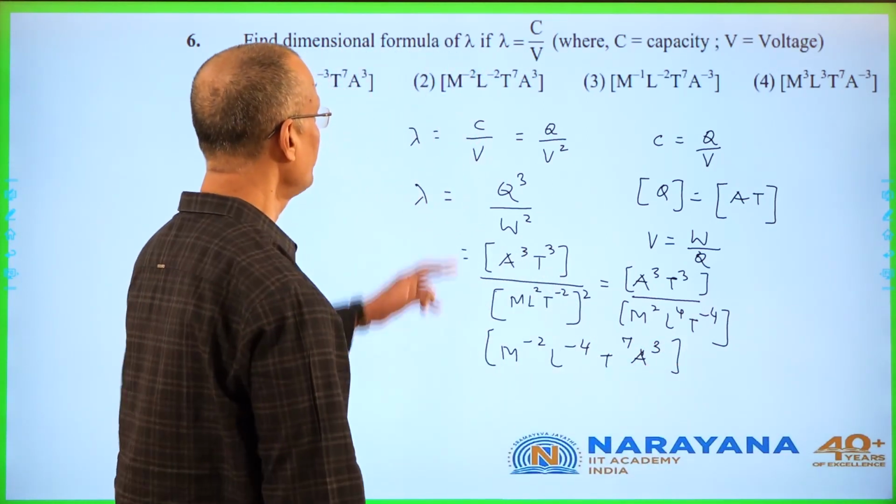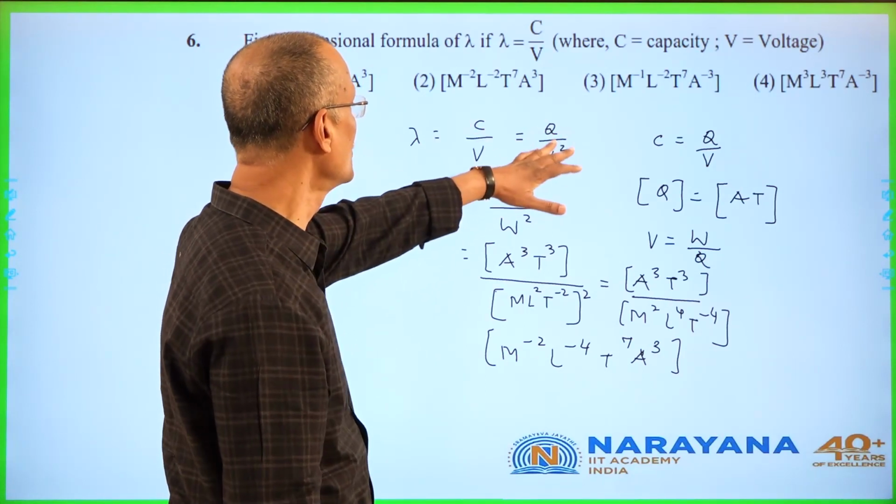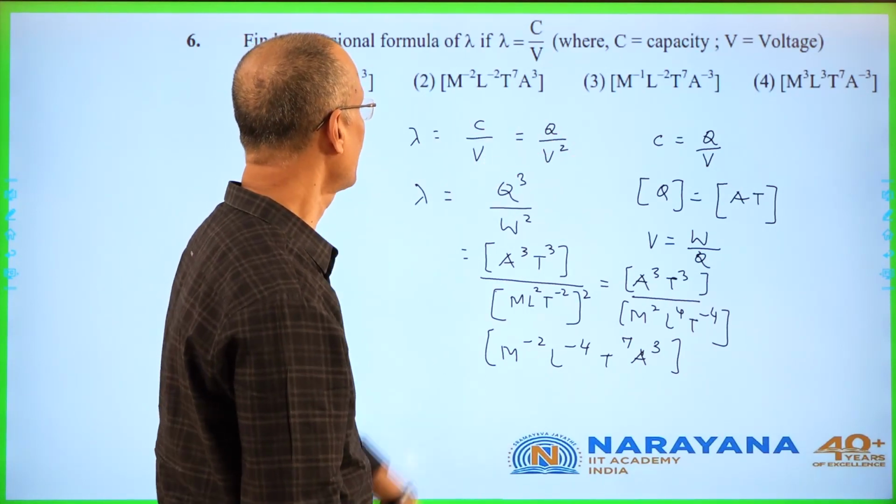Lambda is C by V. C you have taken Q by V, so it will become Q by V squared.